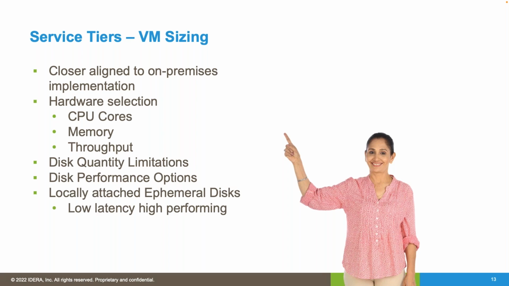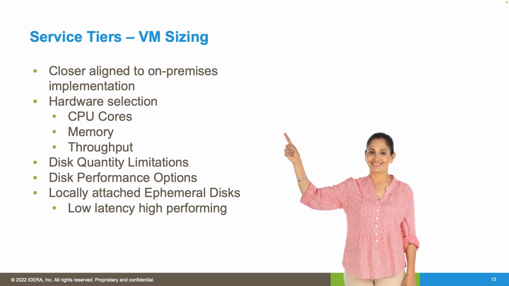One of the other things that we see, and I've seen this recently, is not using locally attached ephemeral disks when needed. When you look at Azure sizing, you will see that the virtual machine may or may not come with a locally attached temporary disk.